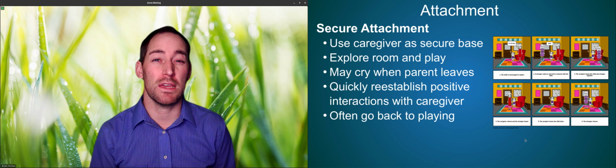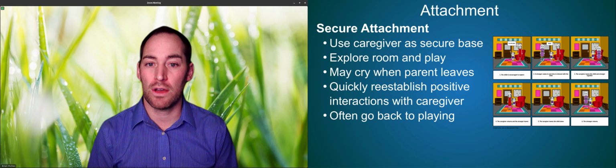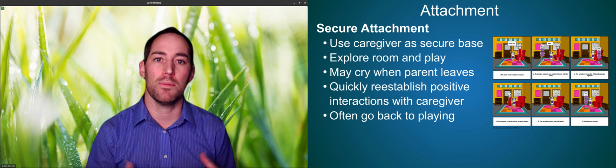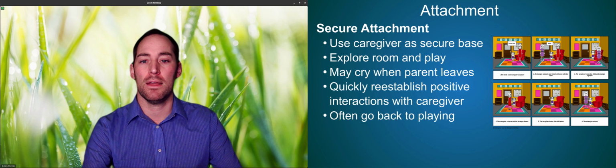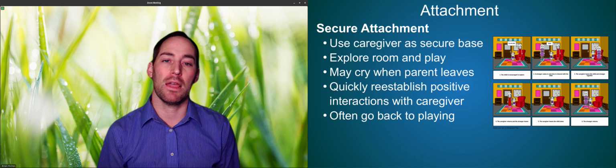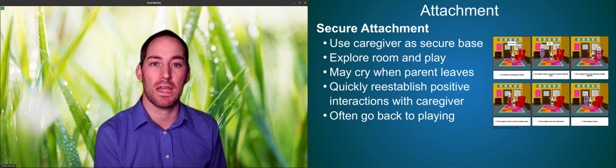So a few things for your coding system. Secure attachments. A child usually uses a caregiver as a secure base. Maybe they'll come to them, show them a toy, run away and play, they'll explore. They might cry when the parent leaves, but they will be able to establish a positive connection with that caregiver when they come back.